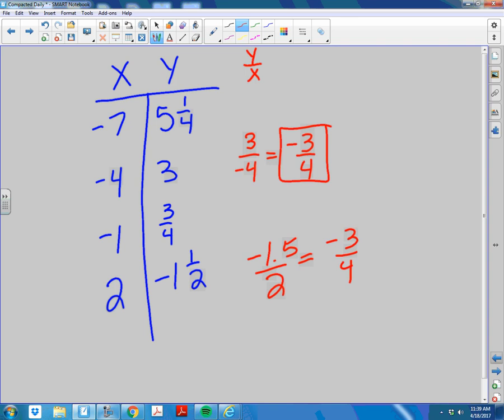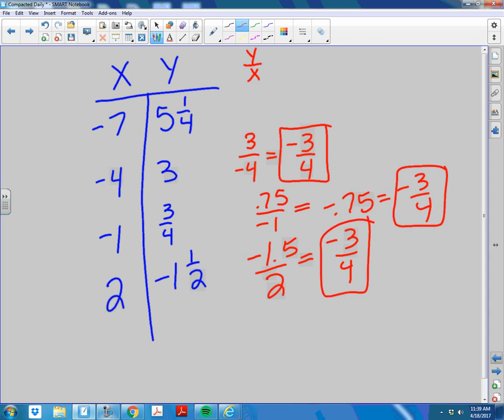You can leave it in fraction form, but they have to be integers top and bottom. So if you have 3/4 over negative 1, which is essentially 0.75 over negative 1, what is 0.75 divided by negative 1? Just becomes the negative value. So it's negative 0.75, which is negative 3/4. In each of these cases, you're ending up with a standard k value.